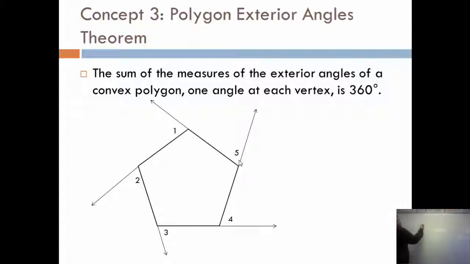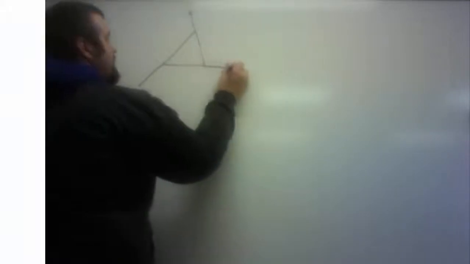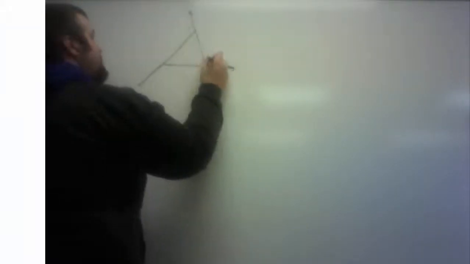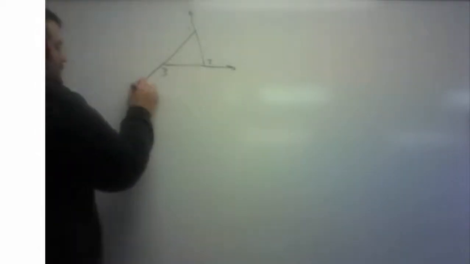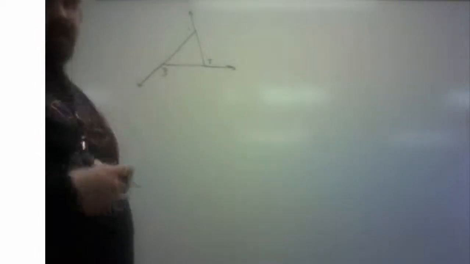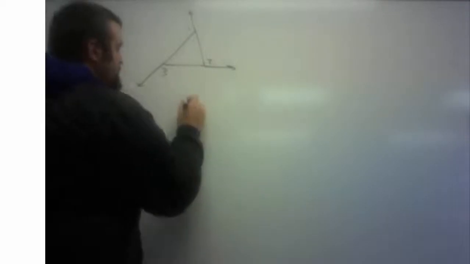Now, if we just took a real quick approach at this, if I would have something like a triangle here, if I would extend each of these sides, 1, 2, and 3. Now let's pretend I zoomed out a little bit. I walked further away from this polygon, so it's going to look a little bit smaller.